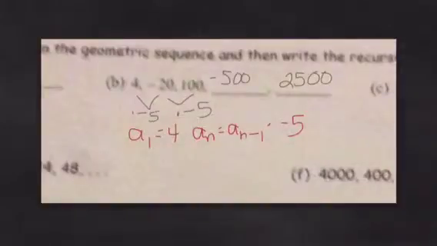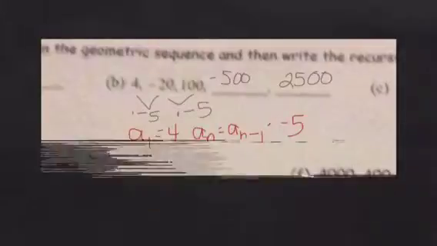Part A, the a sub 1 is 2, and a sub n equals a sub n minus 1 times 3. In part B, a sub 1 equals 4, and a sub n equals a sub n minus 1 times -5 should be your function. In part C, we have a sub 1 equals 16, and a sub n equals a sub n minus 1 times 1/2.